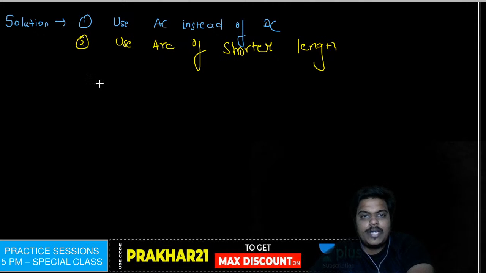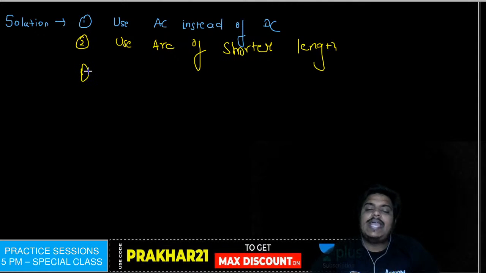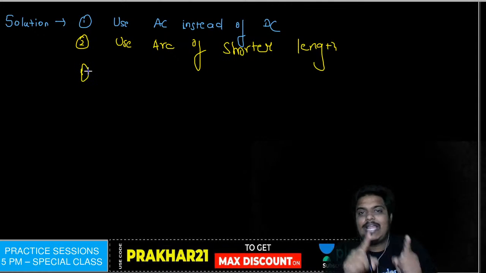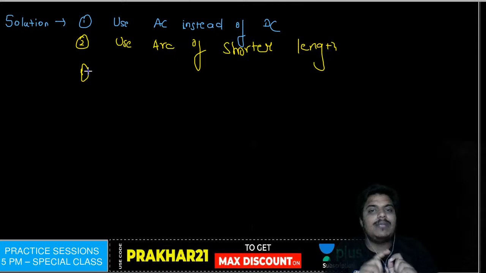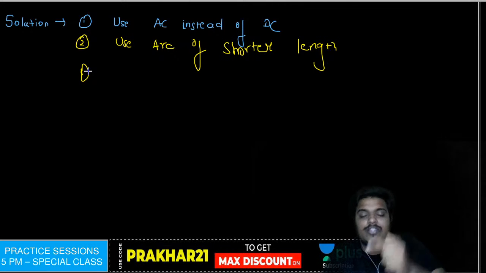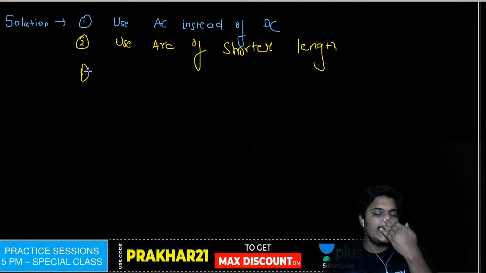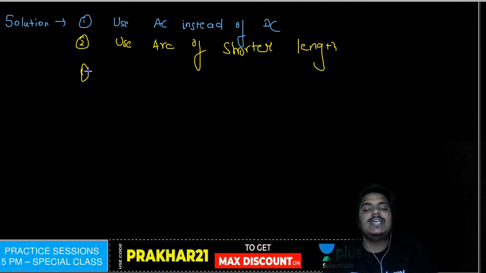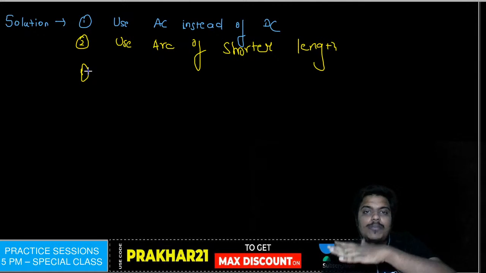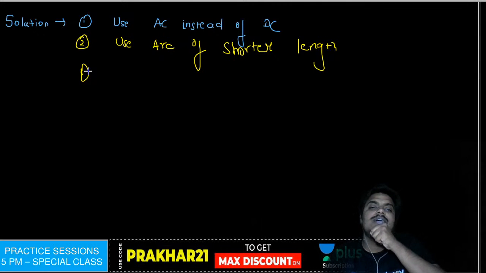Third, you can do this important thing. Look, electromagnetism is based on electricity. Electricity is nothing but current. If you decrease the current, the strength of the magnetic lines will also decrease. Have you studied this in 12th class, that the strength of the magnetic lines is directly proportional to the current flowing through it? If current decreases, automatically the strength decreases and automatically the force of attraction decreases. Is it clear?